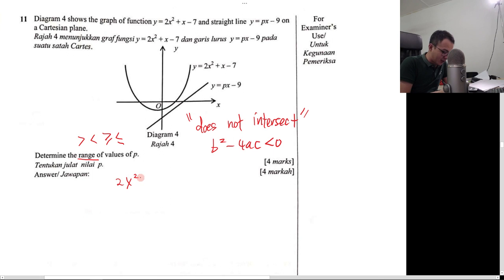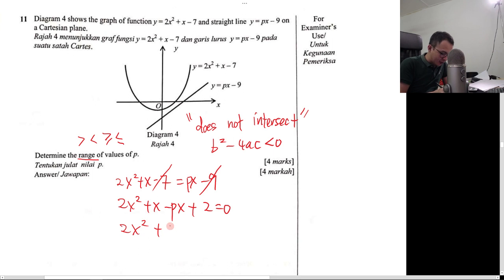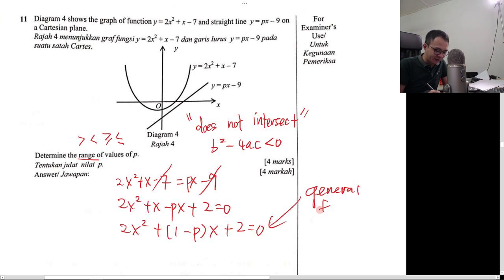So 2x squared plus x minus 7 equals px minus 9. I'm going to solve this. 2x squared plus x minus px plus 2 equals 0. So I factorize out the x. So this is (1 minus p)x plus 2 equals 0. Because you must get the general form first, then only can you take out the a, b, c.